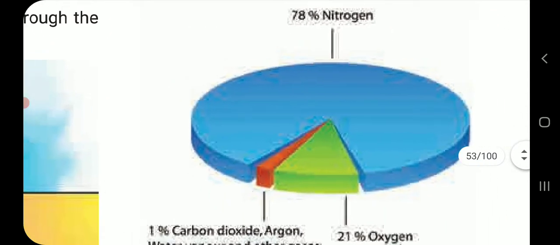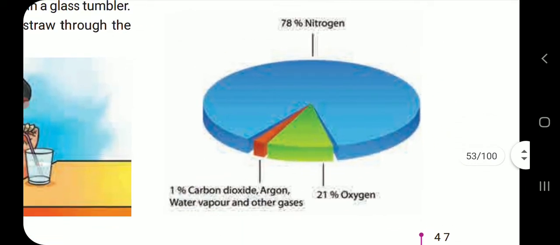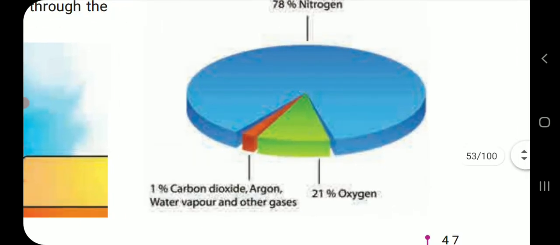Finally they come to the conclusion that 78% of air contains nitrogen, 21% of air contains oxygen, and only 1% of the air contains carbon dioxide, argon, water vapor, and other gases.